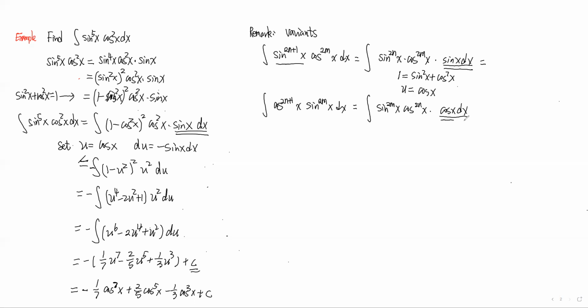Okay, and then we use 1 equals sine squared x plus cosine squared x, and u is sine x. You will get something. So that's this kind of problem. So this is example 2.